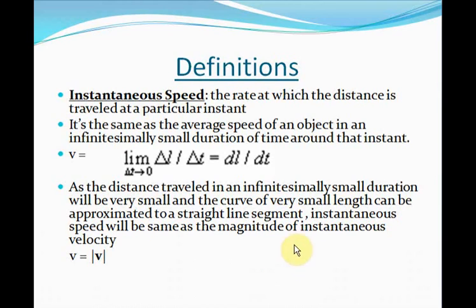Now let's see how this is possible. So suppose an object travels from point A to point B along some path, and we need to find out the instantaneous speed at some instant t. So let's say that at instant t the object is at point A1.